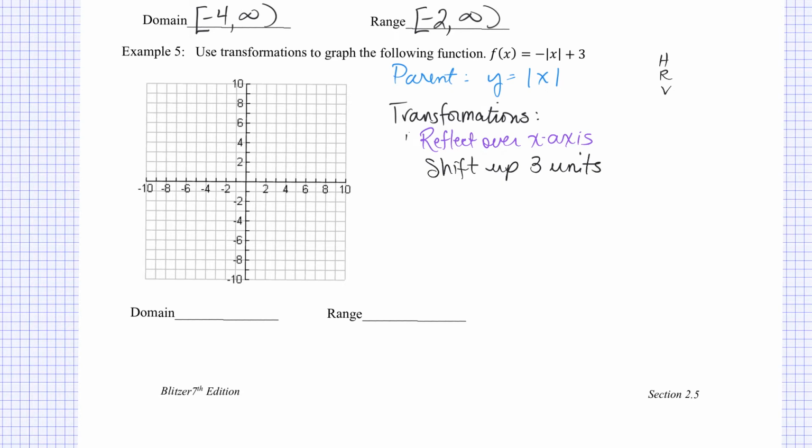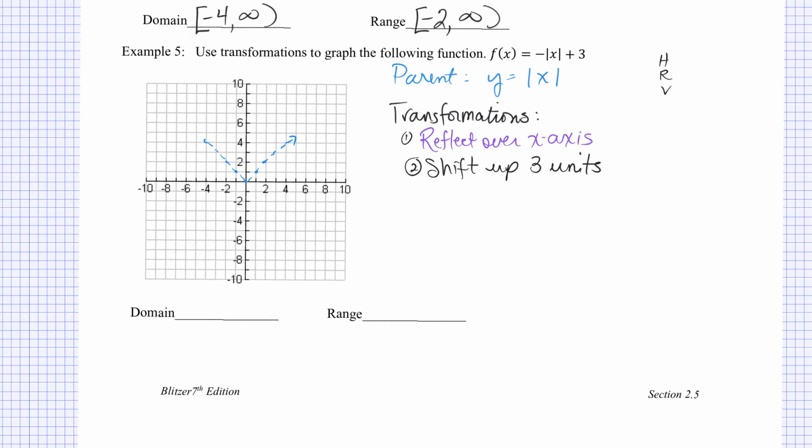Okay, so first, second. So I'm going to go ahead and sketch in my absolute value function. You may get to the point where you don't need to do this first. It's fine. You don't have to. The first thing I'm going to think about, though, is reflecting this over the x-axis.